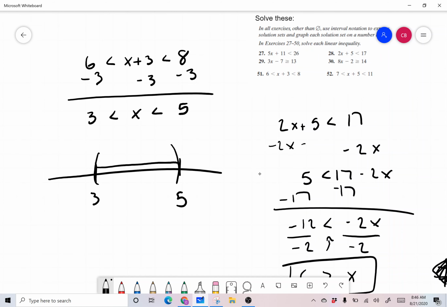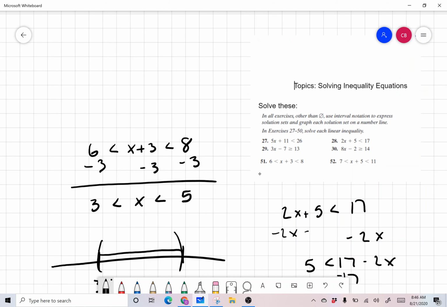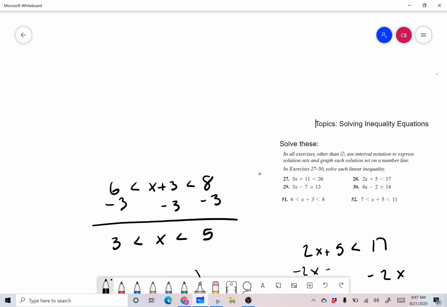And so let's do one more example, and I'll make this one up. So we have, let's do 10 is less than negative 3x plus 2. Let's not do 2. Actually, let's not do negative 3.